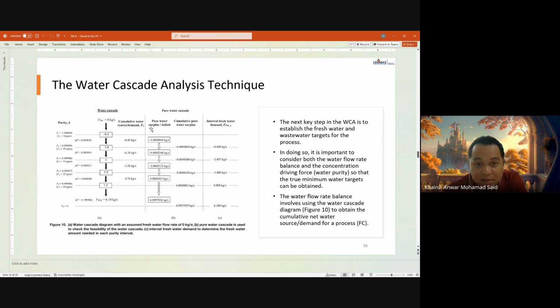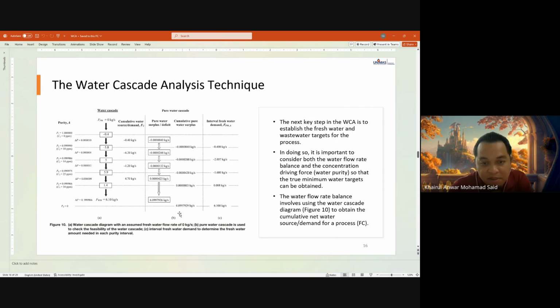And for the pure water surplus or deficit here, you multiply the cumulative water source demand, FC, with delta P. Multiplying gives the value for pure water surplus or deficit.